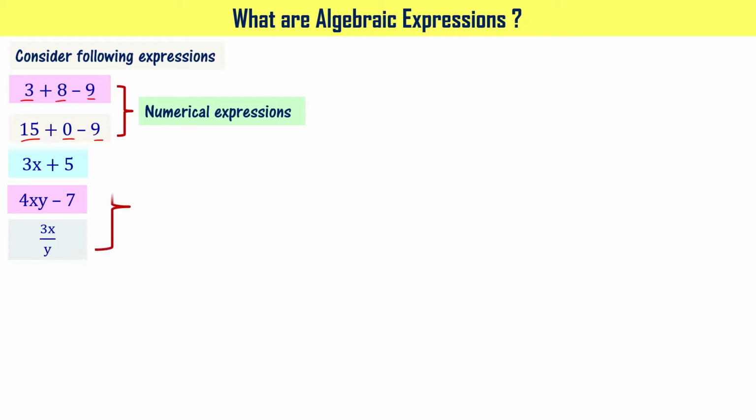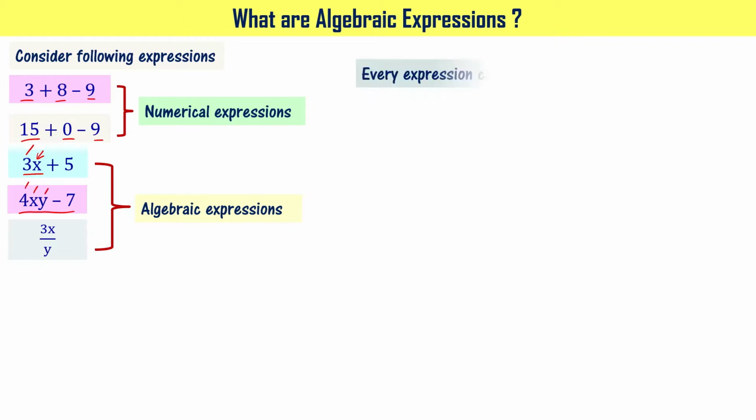The other three are called algebraic expressions. The reason is that some of the terms have a product of a constant and a variable. Here 3 is the constant and x is the variable, right? In this particular case of 4xy minus 7, 4 is the constant, and x and y are the variables, right?